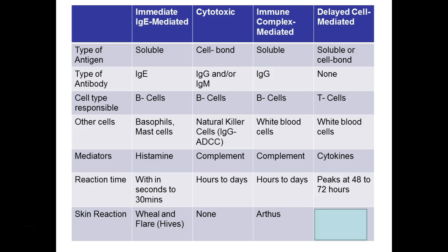And then, as I said, if it involves the skin, you can get a skin reaction. The TB test is an example of that, right? Where you'll get a reaction in the skin because we put the pathogen or the piece of it in your skin. This is an excellent table that summarizes some of the main components.